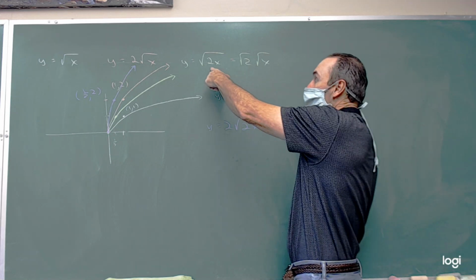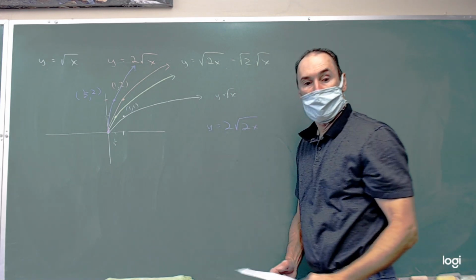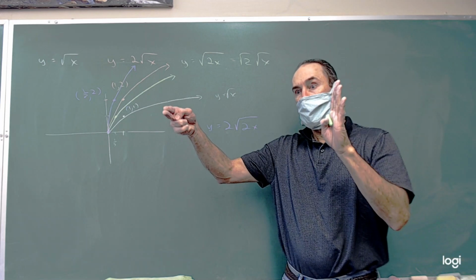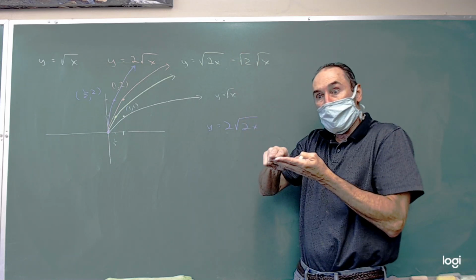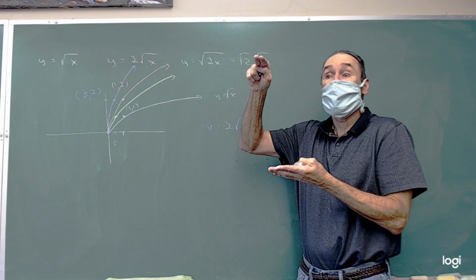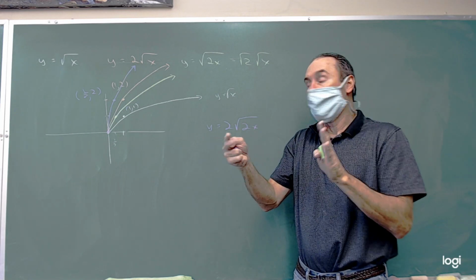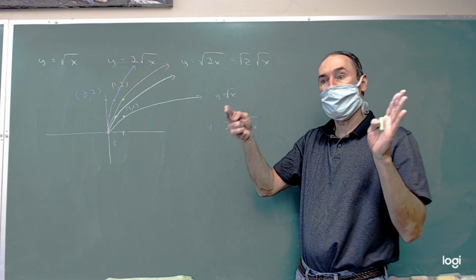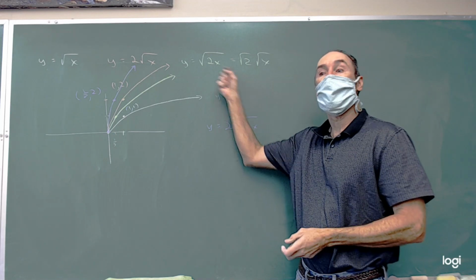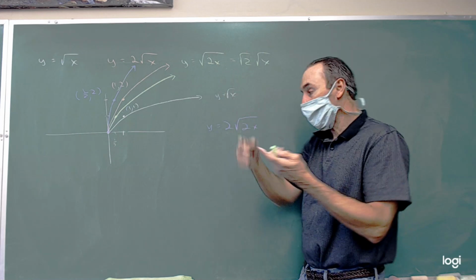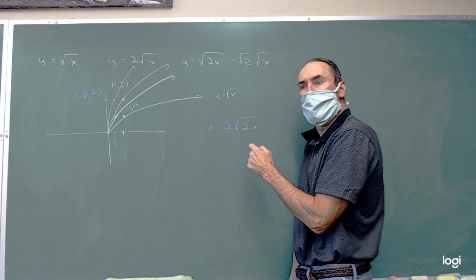So now you can see that this horizontal shrink of a half, that we're condensing this by a half, is the same as a vertical stretch of the square root of 2, which is about 1.4. And so, because the square root is not linear, they're not exactly the same, but there is an equivalence there. And so then what you were saying, I think you were right, because I think you said square root of 8x.